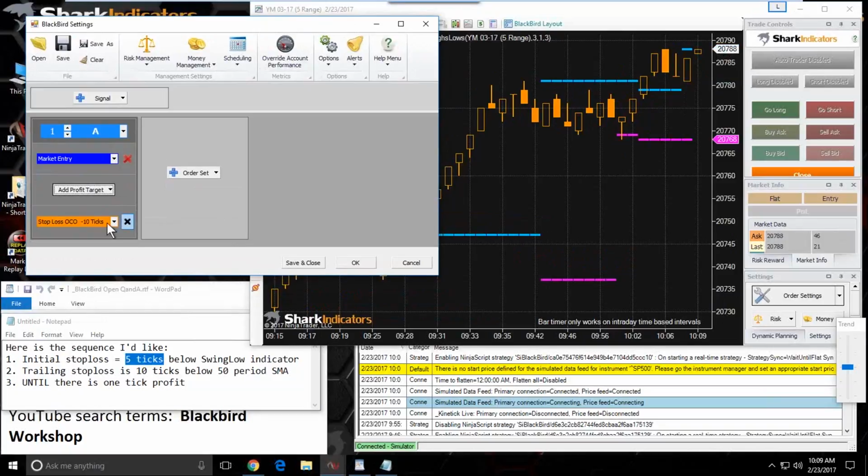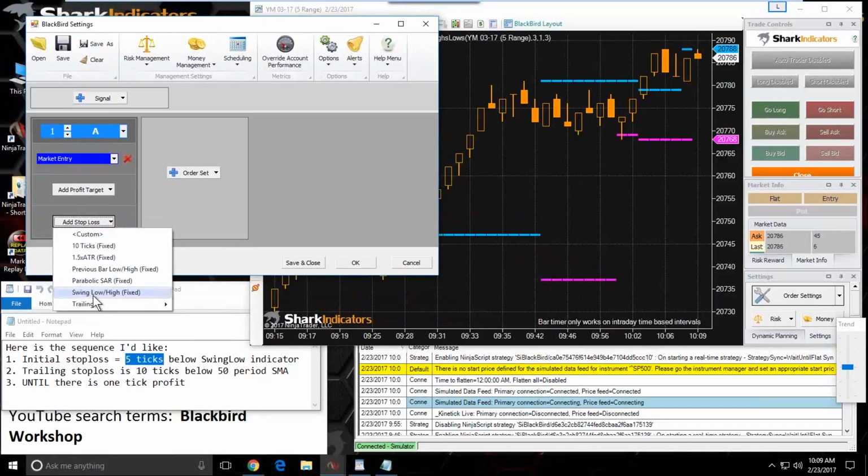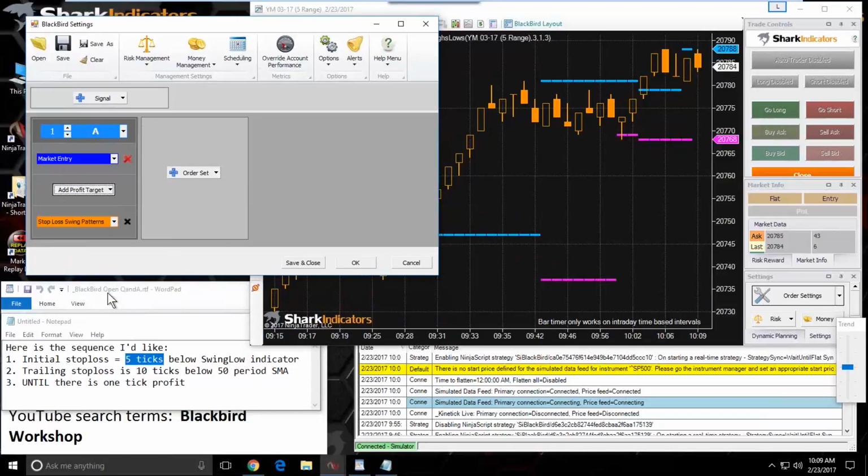All right, so let me redo my stop loss. We'll get rid of that, and let's pick the swing low high fixed. And there we go. So that'll start us off, using the swings highs lows indicator.